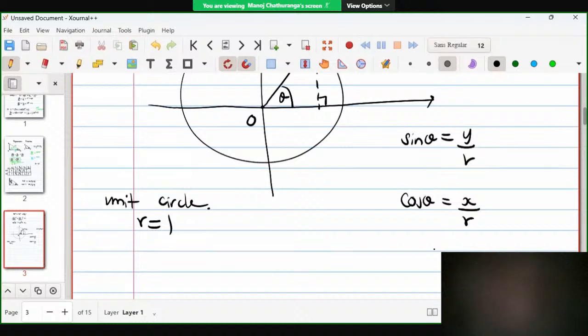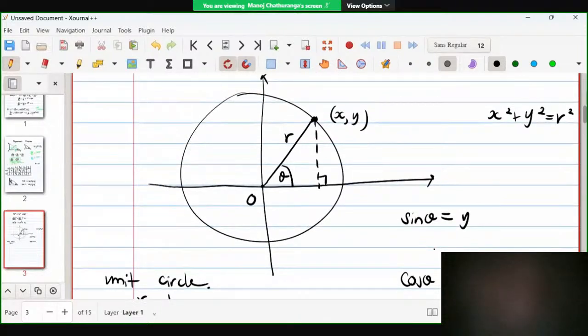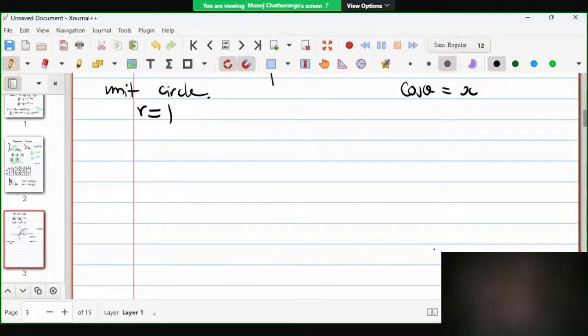For the unit circle, sine theta is just the y coordinate, y divided by 1 is just y. And cosine theta is just the x coordinate.